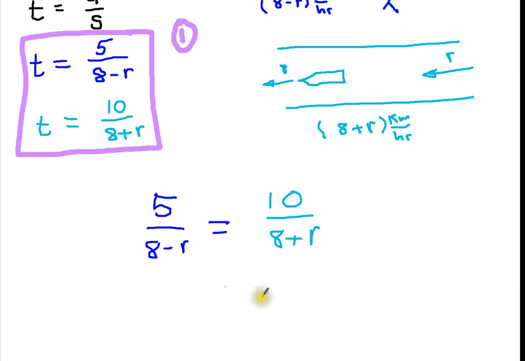And since I have two proportions here, I could do what many of you like to call cross multiply, but I don't really like that term, and so I'm going to do this a slightly different way. I am going to multiply both sides by 1, and on the left side I'm going to make 1 look like this: 8 plus r over 8 plus r.